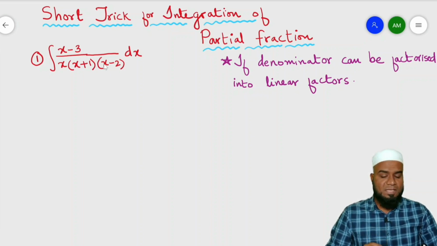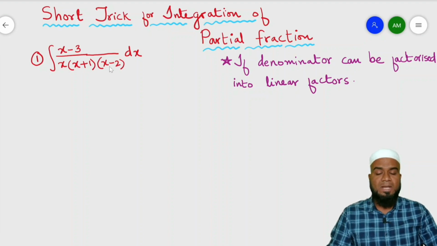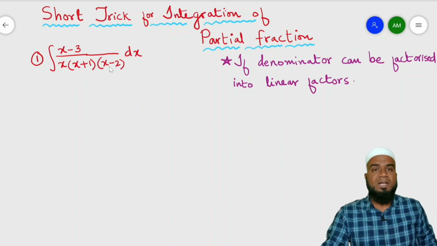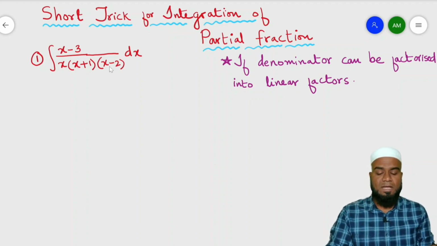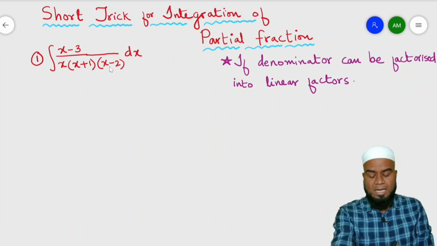It is applicable only when the denominator can be factorized into linear factors. As you can see here, the denominator is already factorized into linear factors, x into x plus 1 into x minus 2. So, to avoid the process of partial fractions, I am going to tell you a small trick.